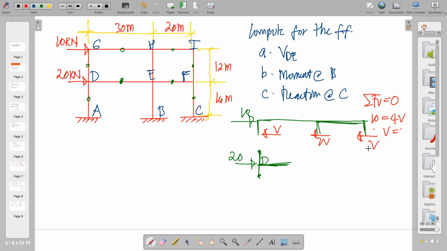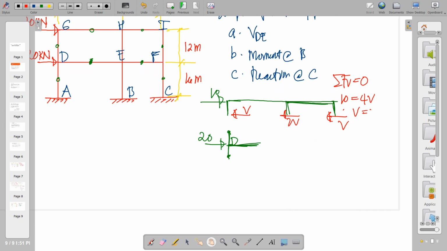Hence, V is 2.5. And we will be needing this shear at GD, which will be transferred here, and this is equivalent to 2.5. So we are concerned with shear at DE.